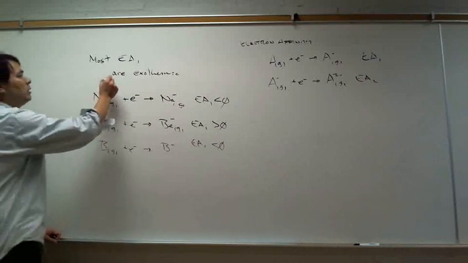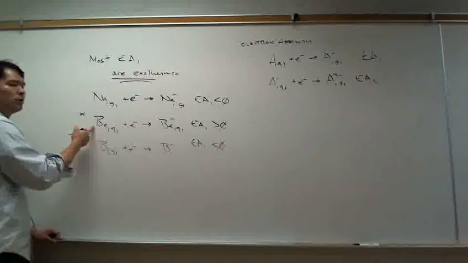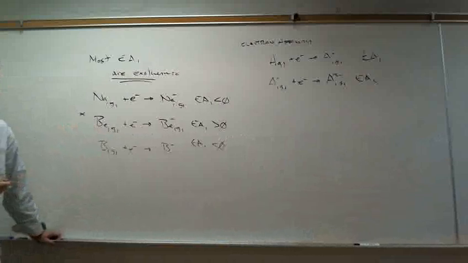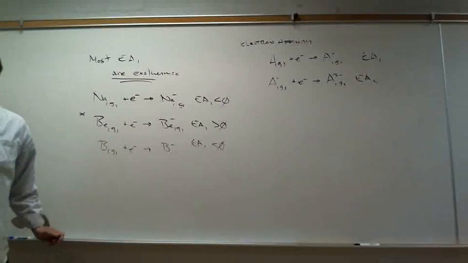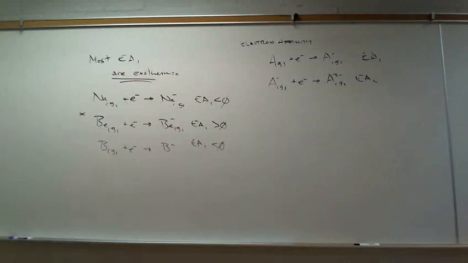Most are exothermic except for beryllium and other group 2 elements. And so the entire group 2 is going to have a positive electron affinity. What else can you think wouldn't really like another electron? Noble gases.